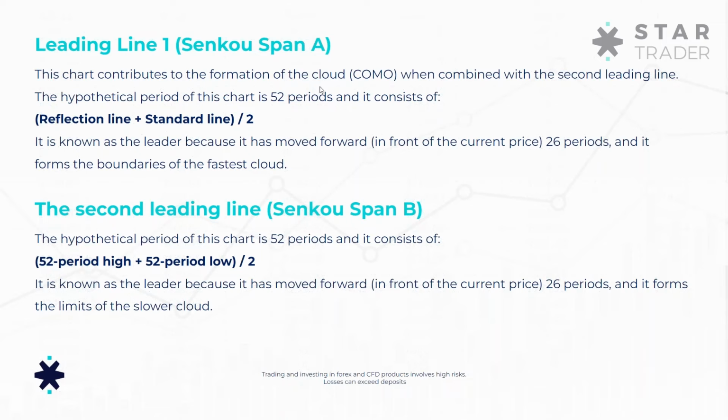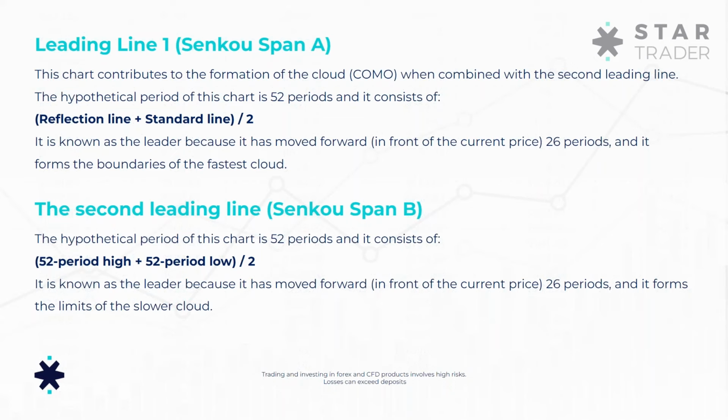The cloud, you can call it Kumo as well, because in Japanese we call the cloud Kumo. When combined with the second leading line, the hypothetical period of this line is 52 periods, and it consists of the reflection line plus the standard line divided by 2.